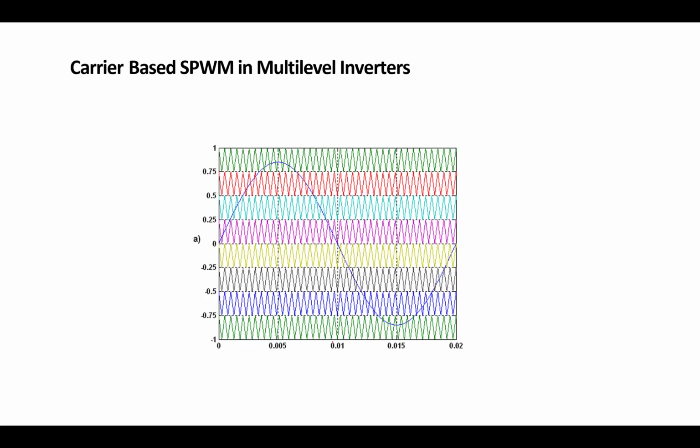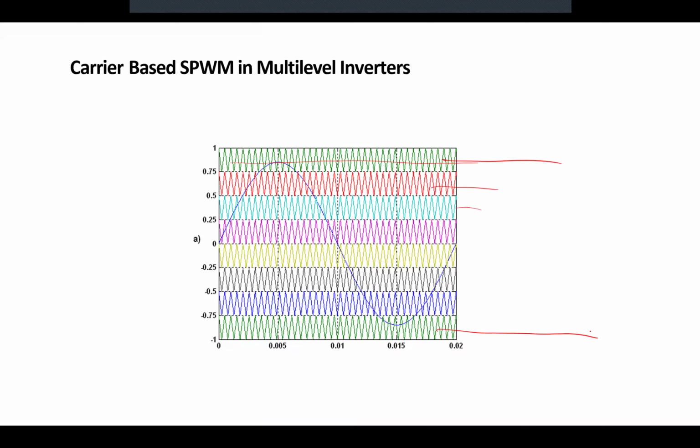Each carrier here answers to one of the modules. These two are for one H bridge, these two for another module, these two for another, and these two for another. Are we good? Positive and negative of one module.